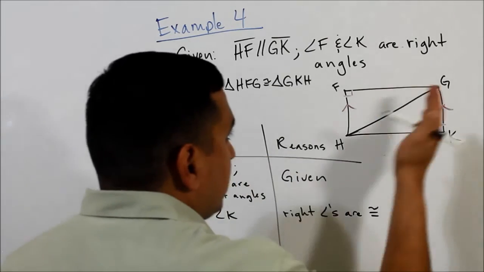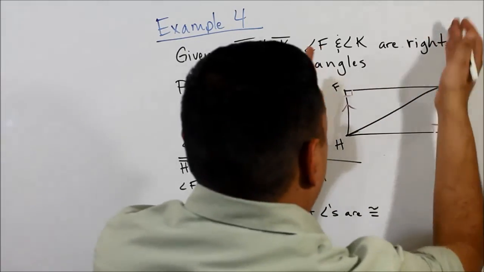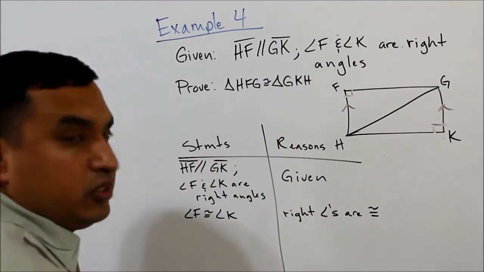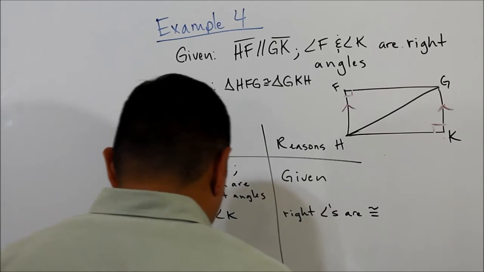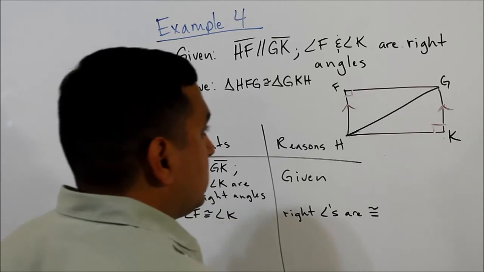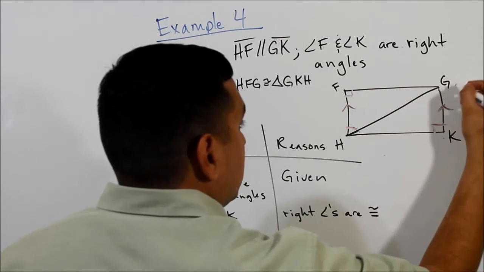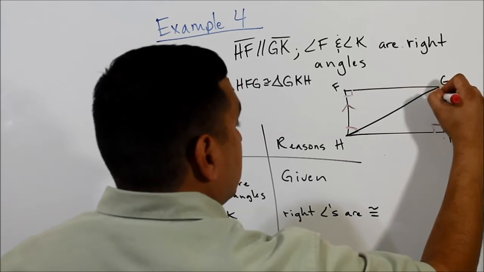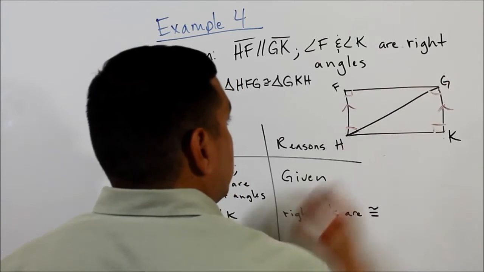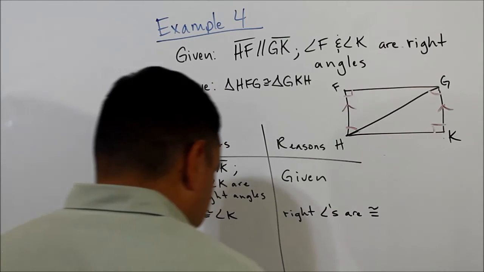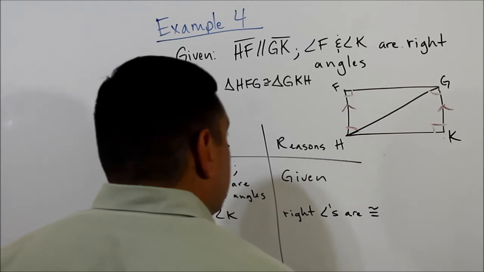Also, I have two parallel lines going this way, and they're intersected by a transversal. So I'm going to use my alternate interior angles again. That tells me that angle FHG is congruent to angle KGH.